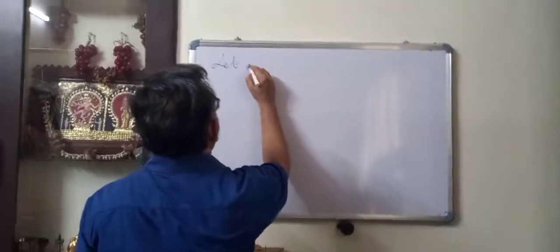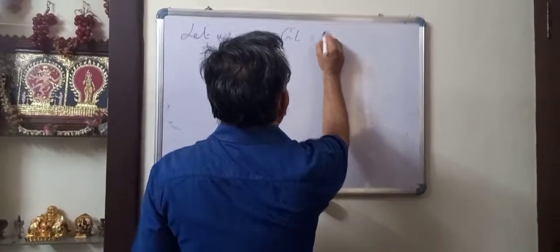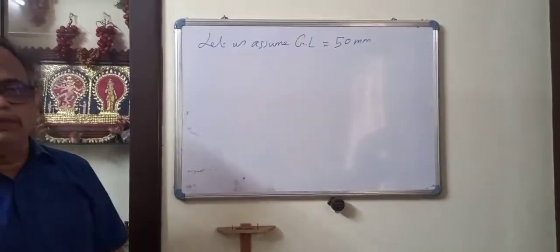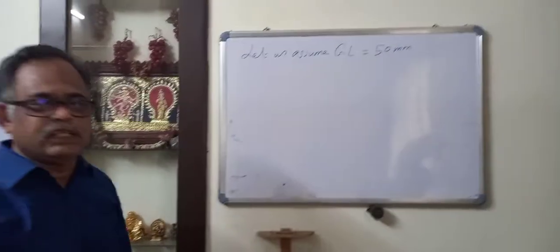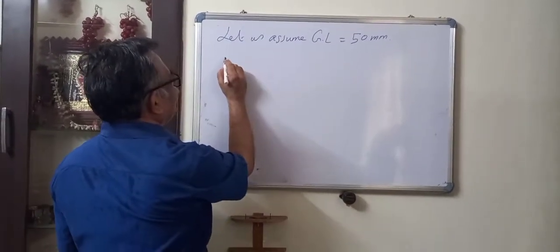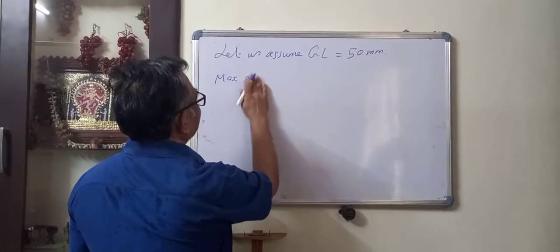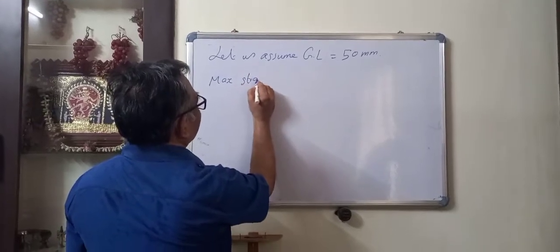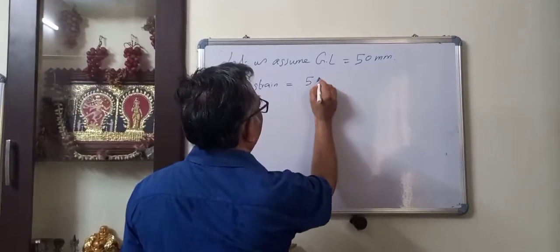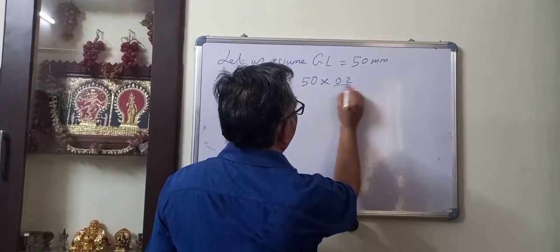Let us assume we are selecting a gauge length of 50 mm. Then for 0.2% proof stress, let us see how we do the calculations. Your gauge length is 50 mm. The maximum permissible strain is equal to 50, the gauge length, into 0.2% proof strain, meaning 0.2 divided by 100.